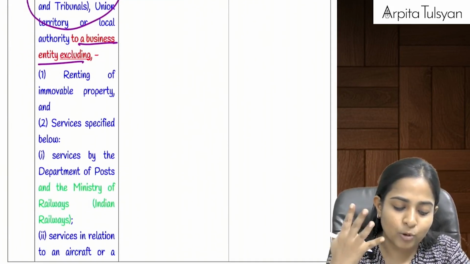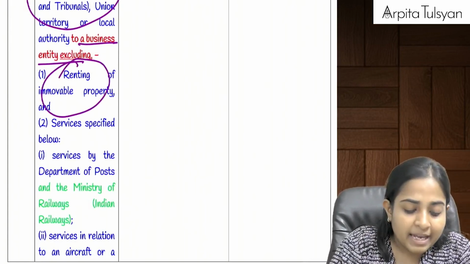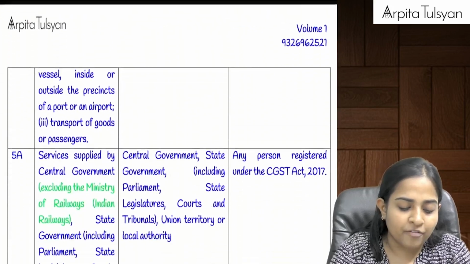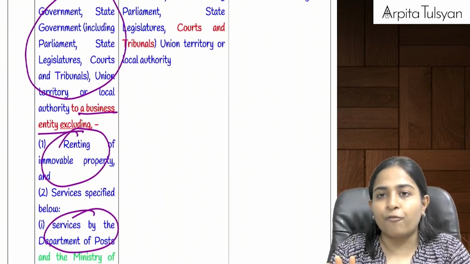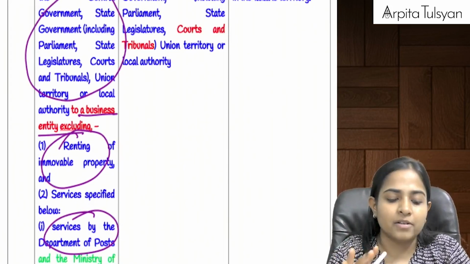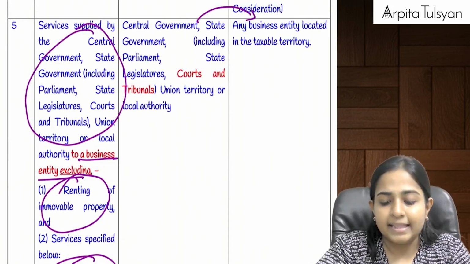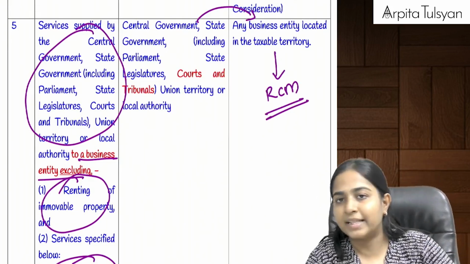Do you recollect? Excluding 4 services. First one was renting of immovable property. Then services by Department of Post, services in relation to aircraft or vessel, and transport of goods and passengers. Except for these 4, when the services were provided by government, etc., to any business entity, then the reverse charge mechanism was applicable and the business entity was required to pay the tax on it.